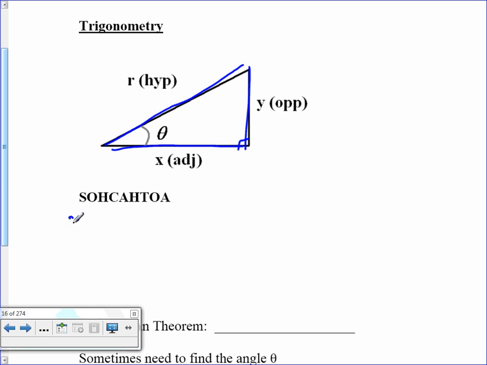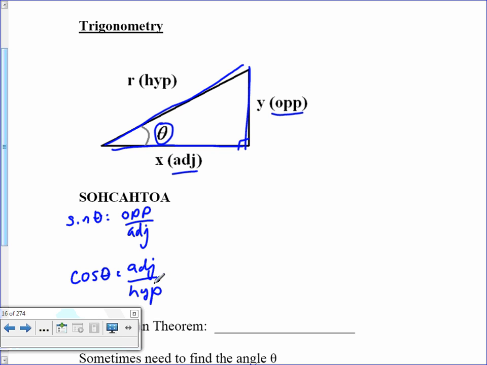This says that the sine of the angle theta is equal to opposite over adjacent. The cosine of an angle is equal to adjacent over hypotenuse.